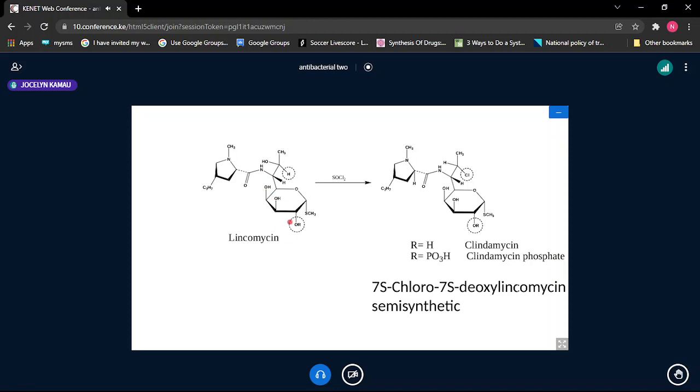We have put an R there because that group can be substituted with different groups. But the major difference is that at position 1, instead of a hydroxyl group, it has a thiomethyl group, and therefore it's a thio sugar. So that's one difference.